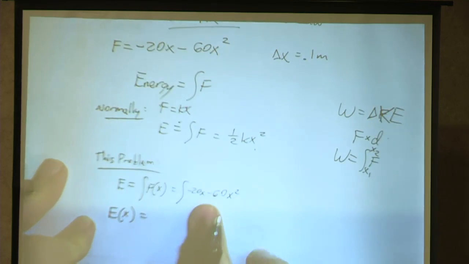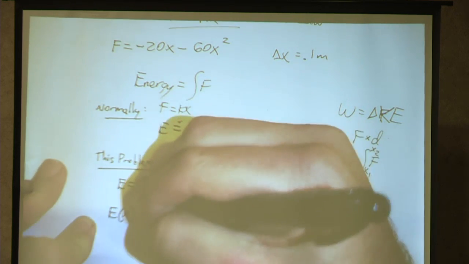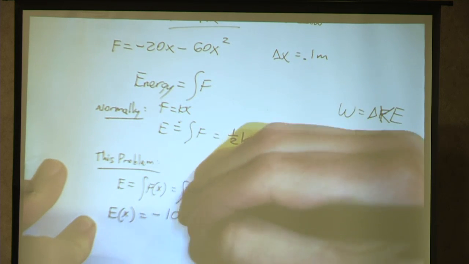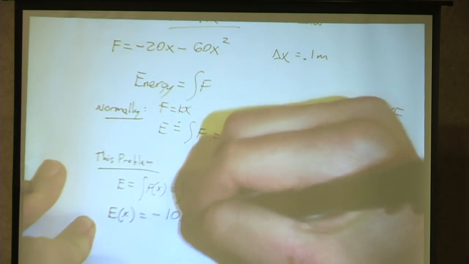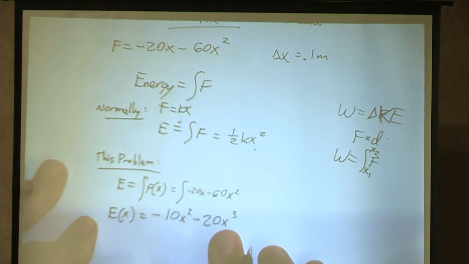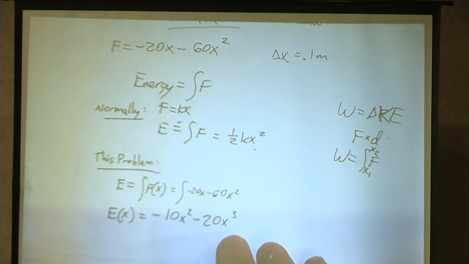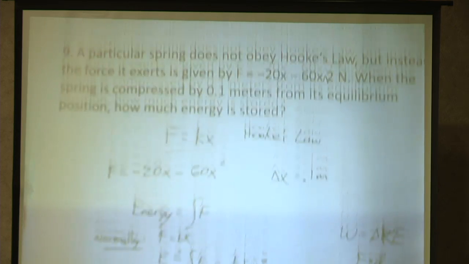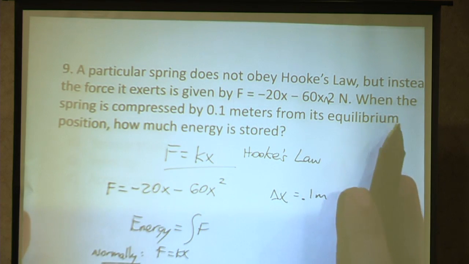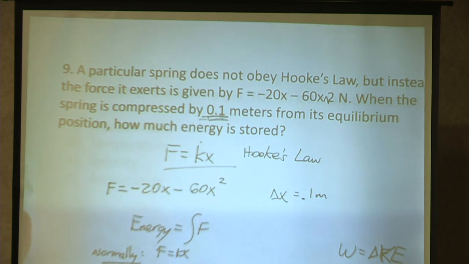So we're doing the reverse power rule. I don't know what the word is. So this should be negative 10x squared minus x to the third, so that'd be 20. And I believe we just ignore the plus c for now. So this is our new equation for the energy of this spring, this made-up energy. What they wanted to know, when the spring is compressed by 0.1 meters, how much energy is stored?